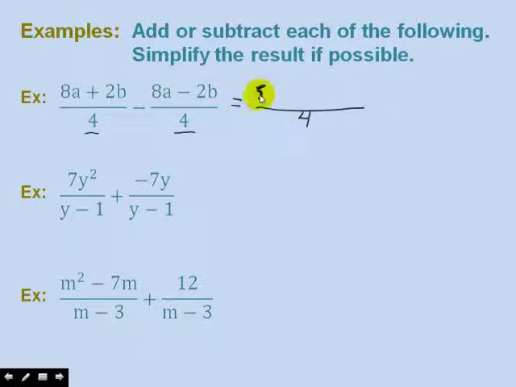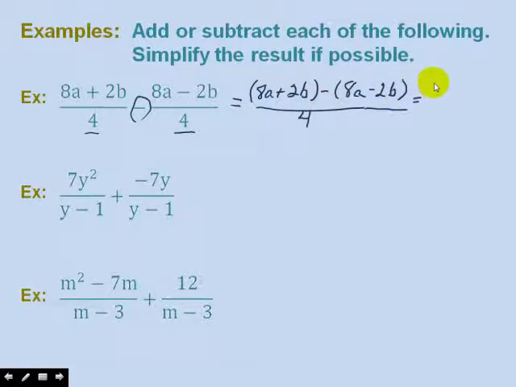Now for the numerator of this, we're going to take the two numerators we have, and since this is a subtraction here, we're going to subtract them. So I'm going to write both of these in parentheses so that we don't forget to apply the negative to both terms of our second numerator.